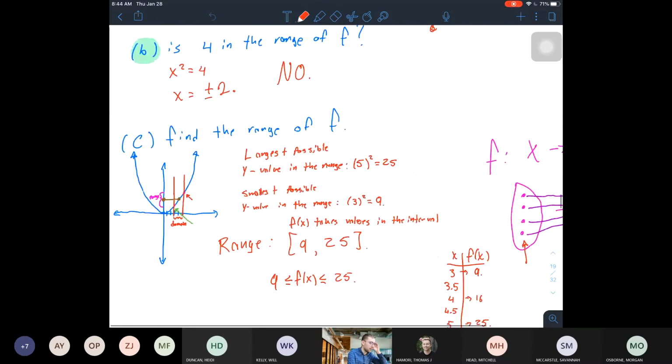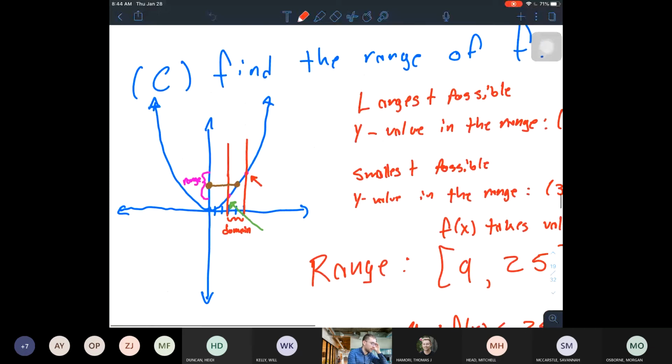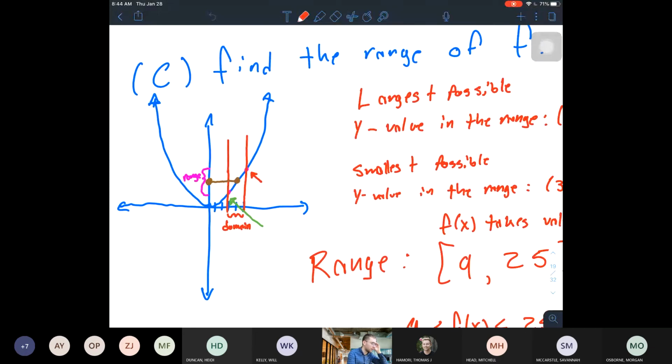Graphically speaking, we had this one where we had the parabola. The domain was just the set of x values, and then the range was the set of y values for which we were able to get that y value by plugging in something in the domain.